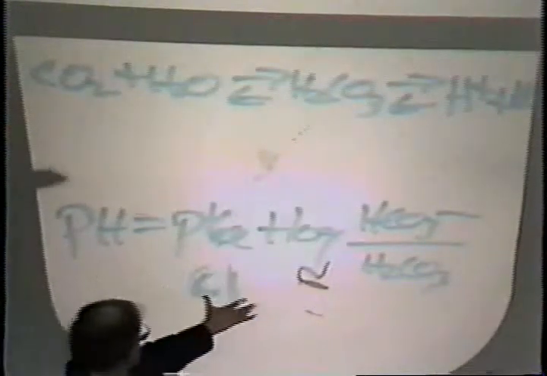Now, I want to call your attention to the denominator of this equation. The denominator of this equation is carbonic acid. The only way we can get carbonic acid is by mixing carbon dioxide and water, as we have over here. Carbon dioxide and water goes to H2CO3. I can write an equilibrium constant for any equilibrium, and the equilibrium constant for this reaction, this first piece over here, is very simple.